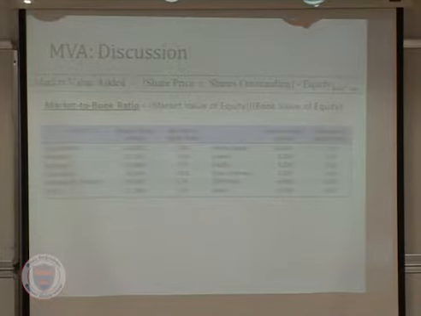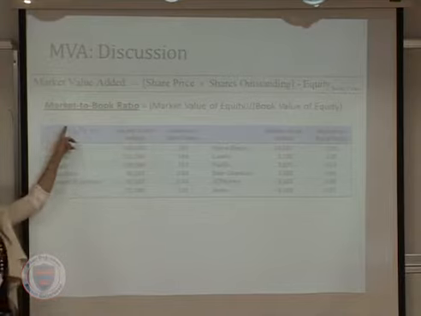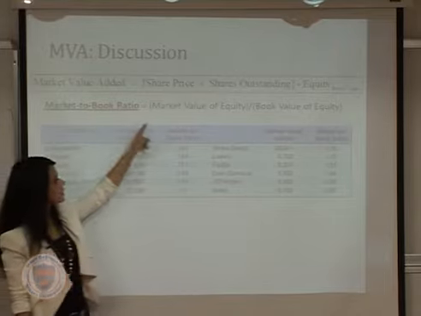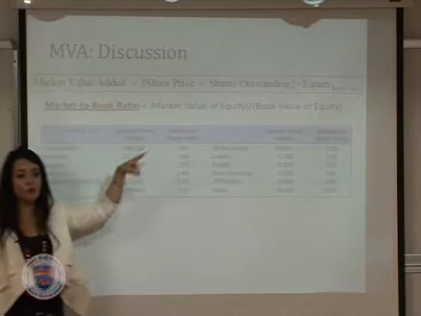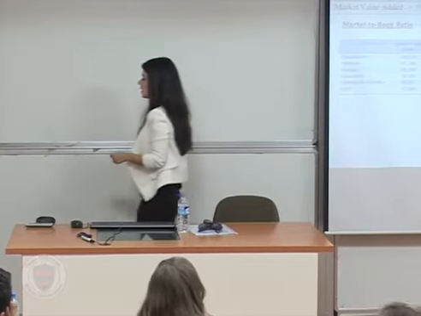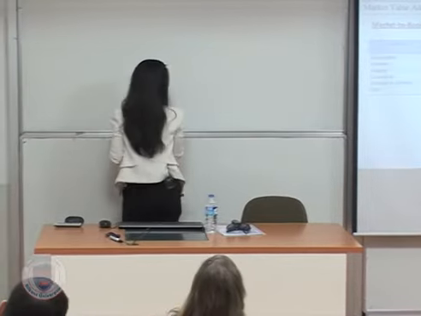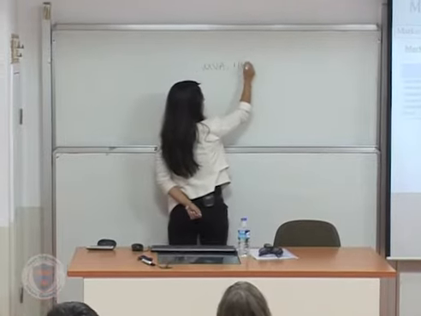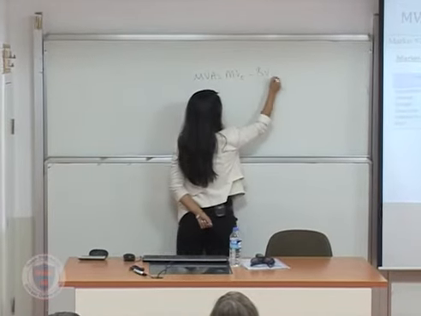Another thing you're also familiar with is market to book ratio. So it's basically market value of equity over book value of equity. We are using the same variables, let's say. One is subtraction, the other one is division, that's it. So basically market value added is market value of equity minus book value of equity.